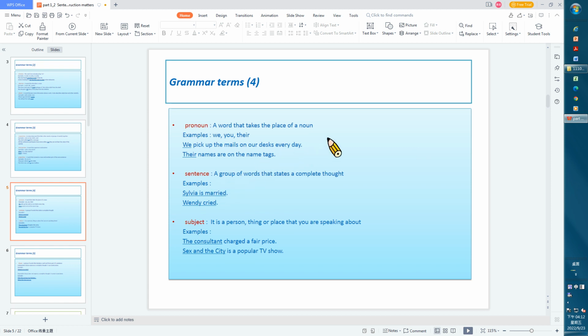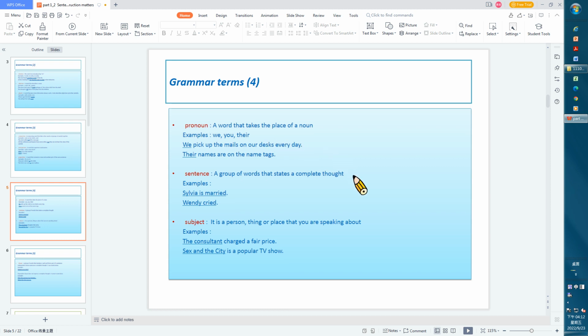Number 10, pronoun. A pronoun is a word that takes the place of a noun. For example, we, you, there.